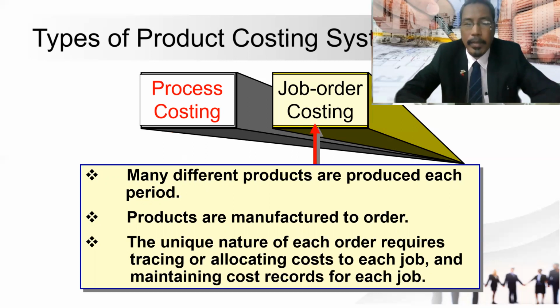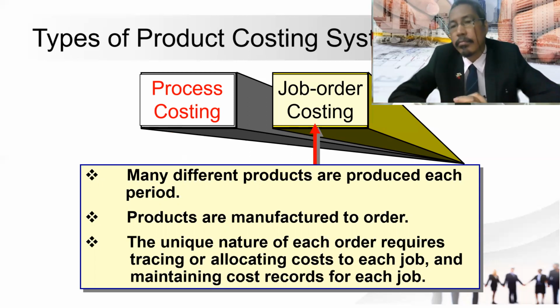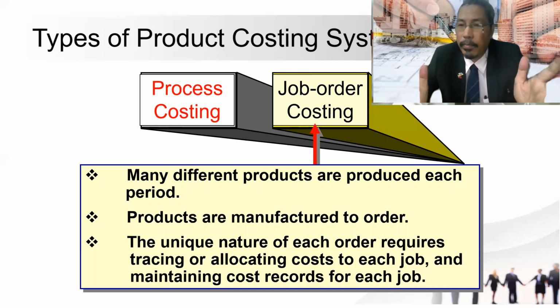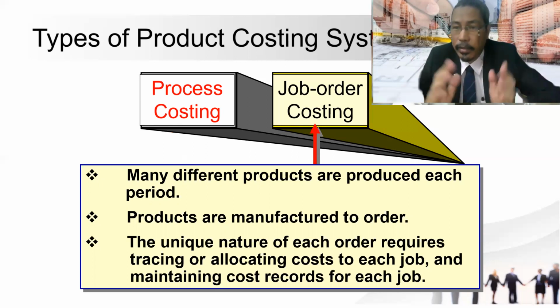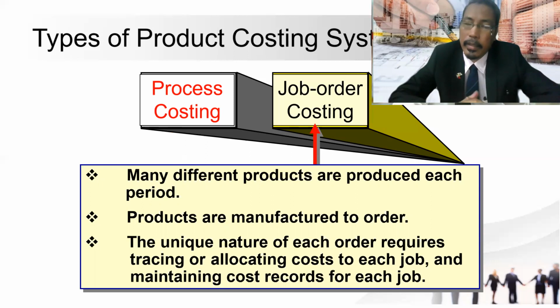How about the other one, job order costing? A company has many different products produced each period. For example, Coca-Cola and Reynolds have many products. Although they are aluminum, they have many different types. For example, Coca-Cola has bottled Coca-Cola and canned Coca-Cola, so we can distinguish canned and bottled.